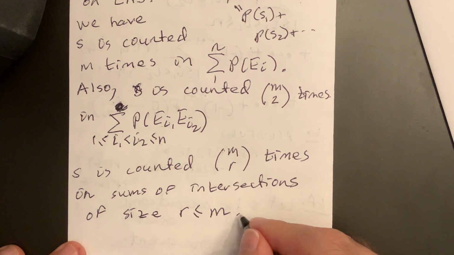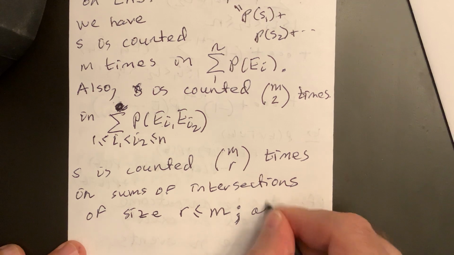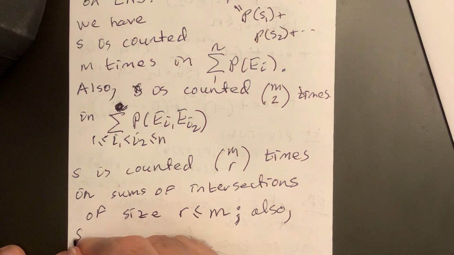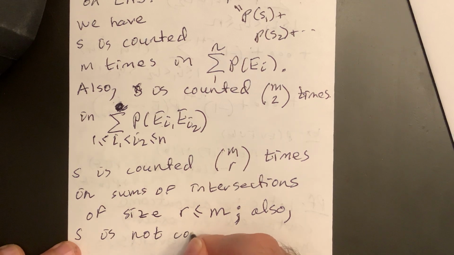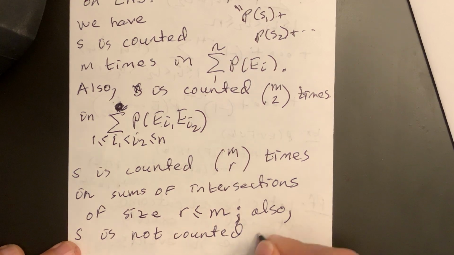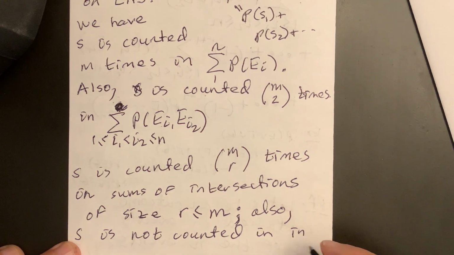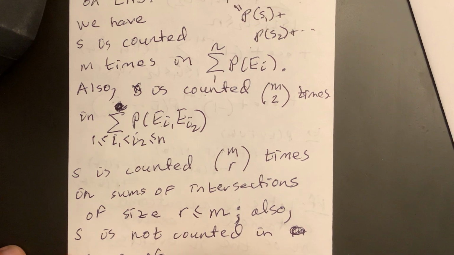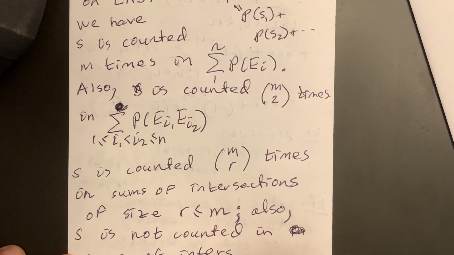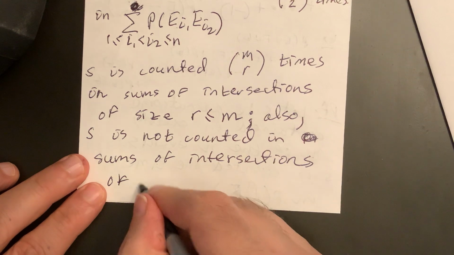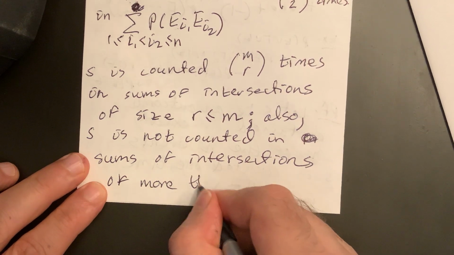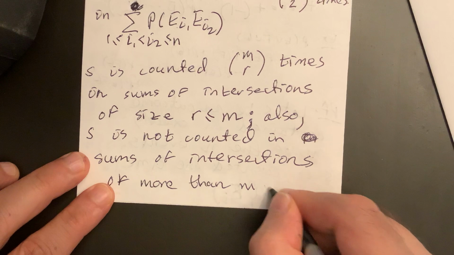Also, S is not counted at all in intersections and sums of intersections of more than M events.